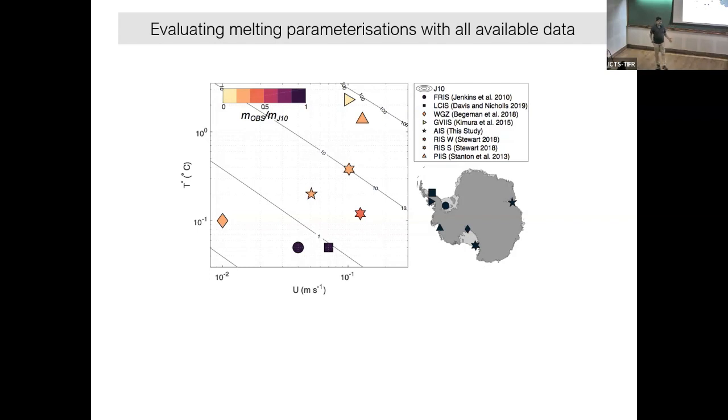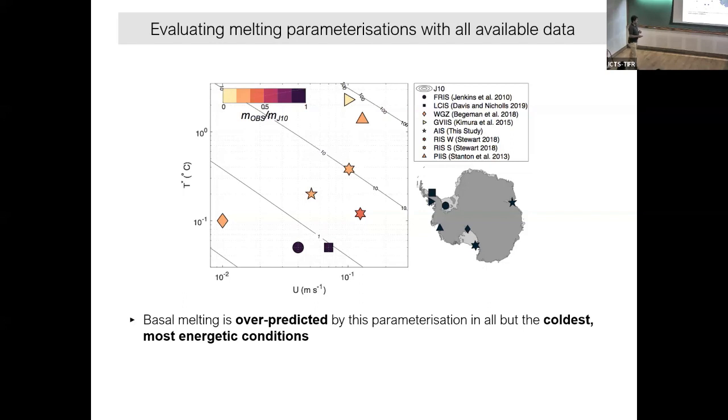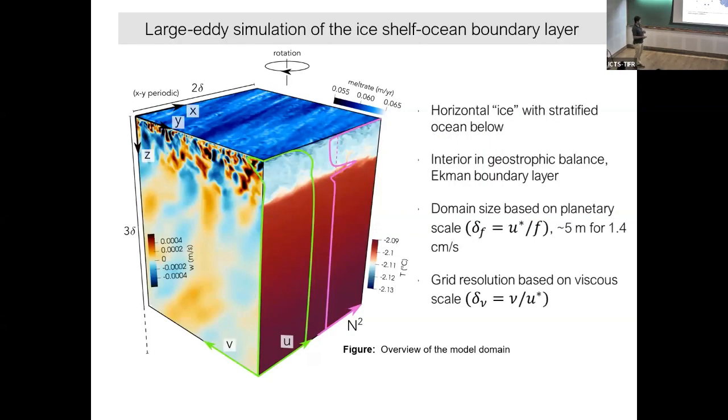It's all over the place. It can be an order of magnitude higher, it can be lower. In some places they work well, some places they overestimate or underestimate. We found it underestimated by 10 times or overestimated by even 10 times. So it's all over the place. That motivates us to revisit this scaling and revisit this problem in large eddy simulation.